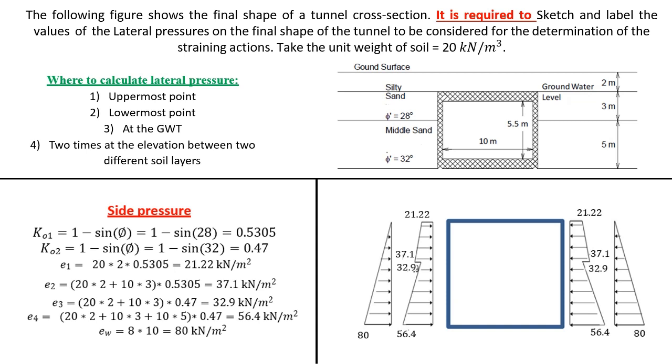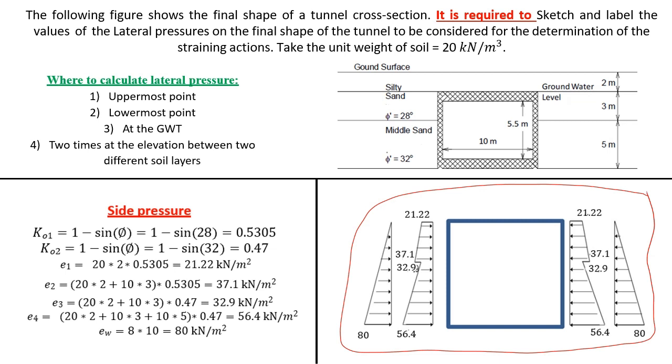So this is the final shape of the lateral earth pressures on your structure. You will find that at the uppermost point of your underground structure, you have E1 of 21.22 kilopascal. Then at point number 2, it's here. This is point number 2, this is point number 3, this is point number 4, and this of course was point number 1.